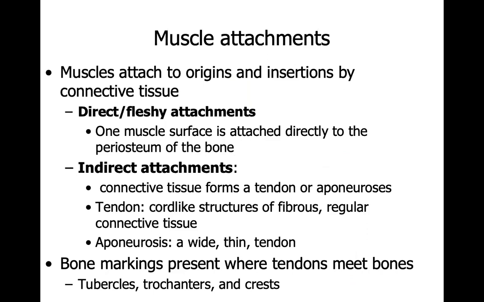If you don't recall, periosteum is the connective tissue wrapped around the bone. If this fleshy attachment is absent, we identify that as an indirect attachment, usually a tendon or aponeurosis.